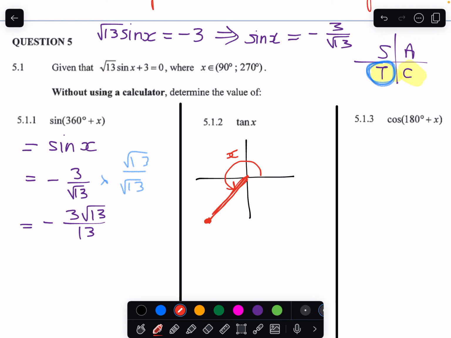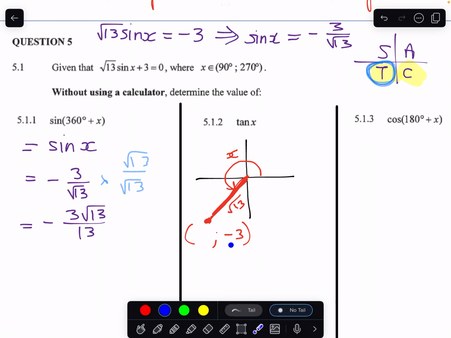For example, since we know that its sine ratio is negative 3 over root 13, what that tells us is that the ratio between the y coordinate, which we can see is negative, so we could say, for example, the y coordinate is negative 3, and the length of this, let's call it a radius, is root 13, right?